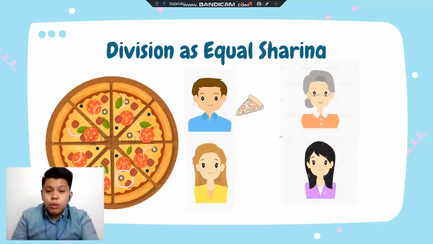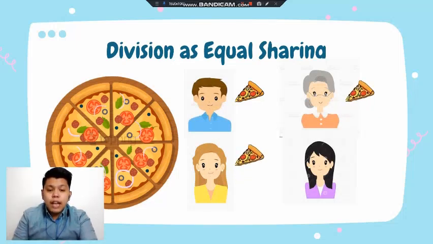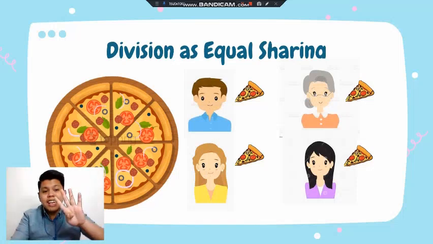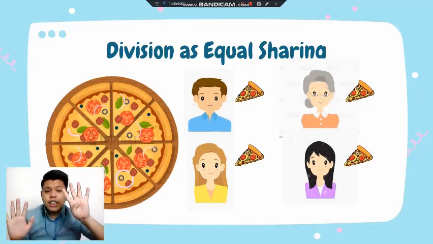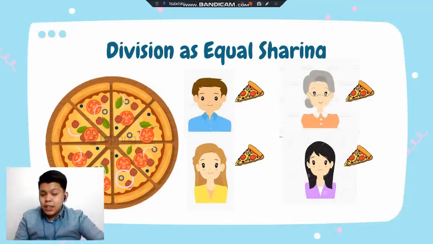So let's give one for Tom, one for Grandma, one for Anna, and one for Tina. So we have four slices already. Let's subtract that. We only have four left.